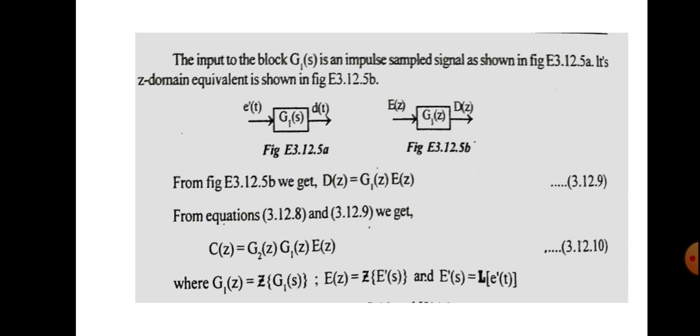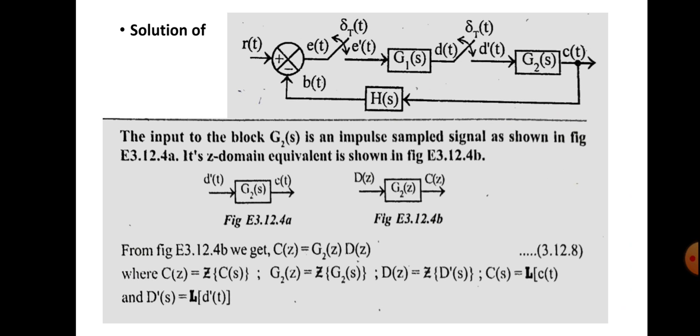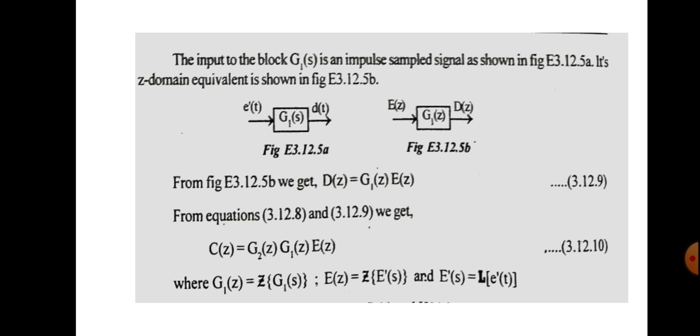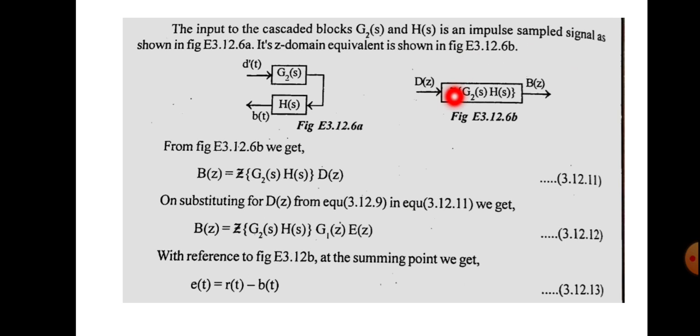In the previous case, you were directly writing G1 of Z because you were considering only this block. Now if you are considering this block, you have to consider from this portion to this. Whenever a sampler is applied to the cascaded combination of G2 of S and H of S, the Z transform can be written as the Z transform of the cascaded combination of G2 of S and H of S. So here you can write the equation as B of Z equal to D of Z into the Z transform of G2 of S into H of S. That is written here.